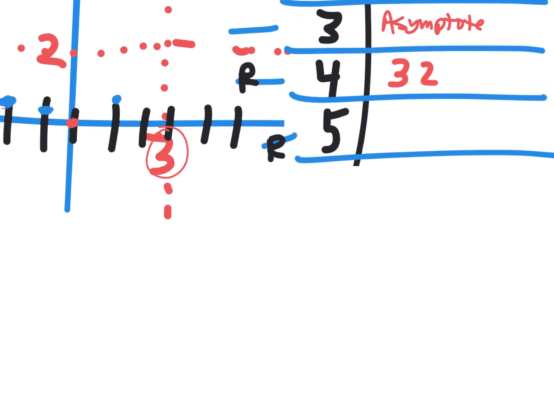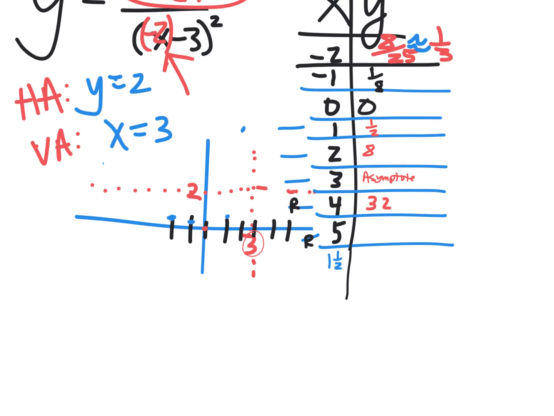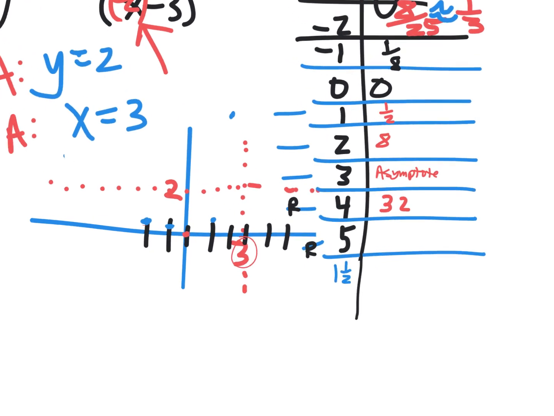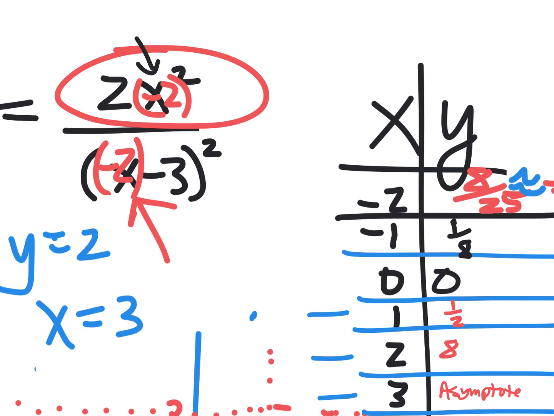Everybody, this is the most important one. Put in 1.5. And I know it's a little bit of a pain, but it works out super nice. When you put in 1.5 into the function, right here and here, see what you get.